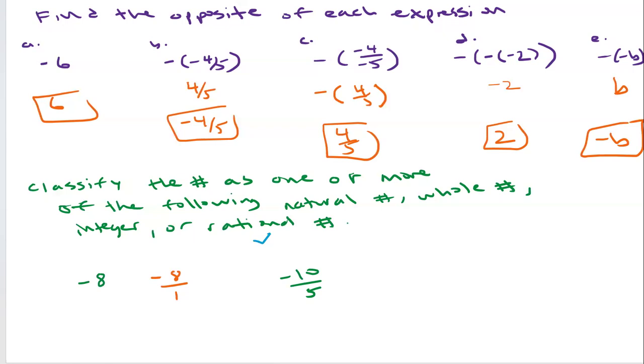Hmm. If I simplified it, what do I get? What's -10 divided by 5? It's going to be -2, right? So -10 divided by 5 is -2. Is -2 an integer?